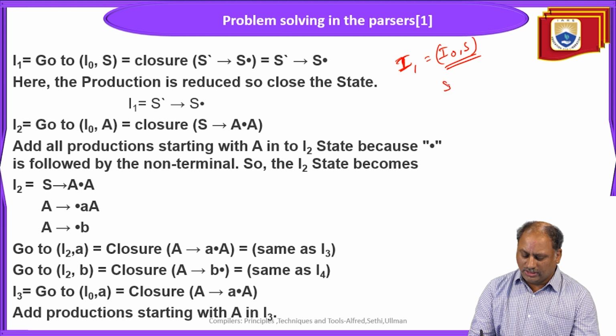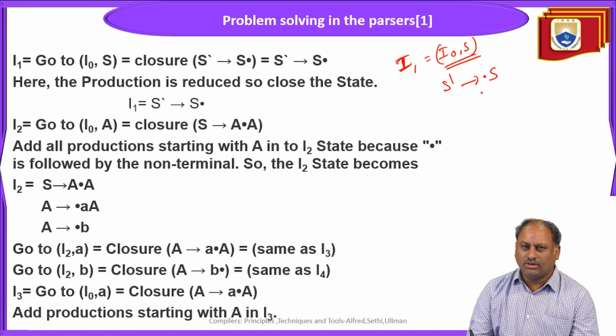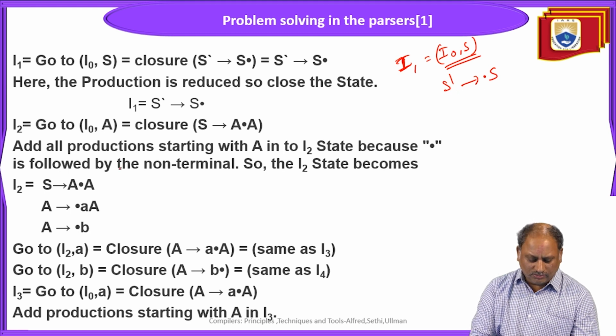That means previously S dash derives dot S. Now the dot moves one symbol ahead, one symbol at a time. So here we get S dash derives S dot.